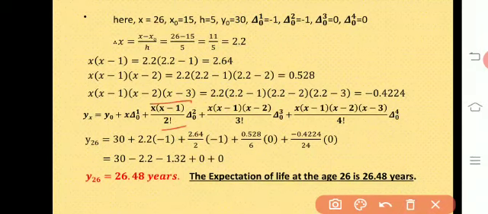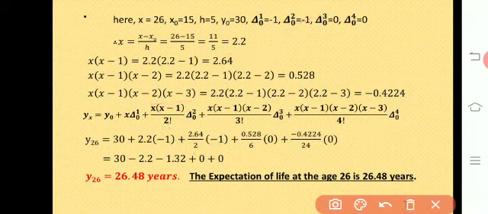So x into x minus 1 is 2.64, so 2.64 upon 2 factorial. 2 factorial is 2 into 1, that is 2, into delta 0 squared, and delta 0 squared is minus 1.